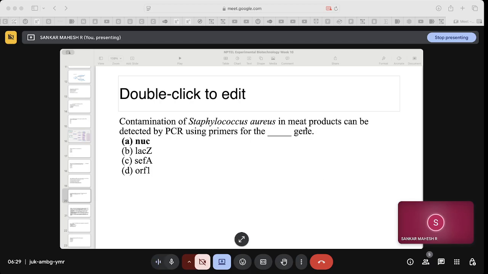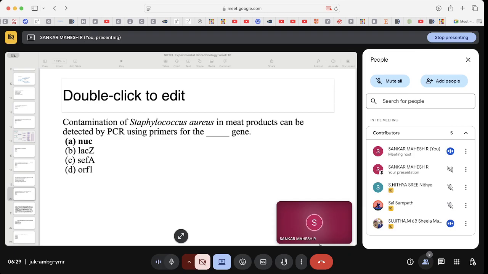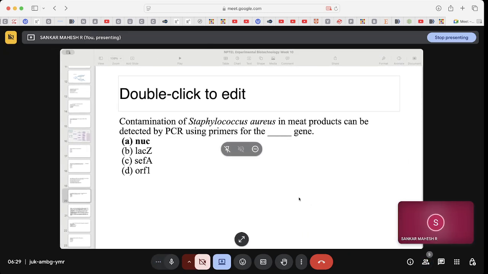So lactase is present in multiple organisms, not in Staph aureus alone. And like Sujita mentioned, CepA is in Salmonella.